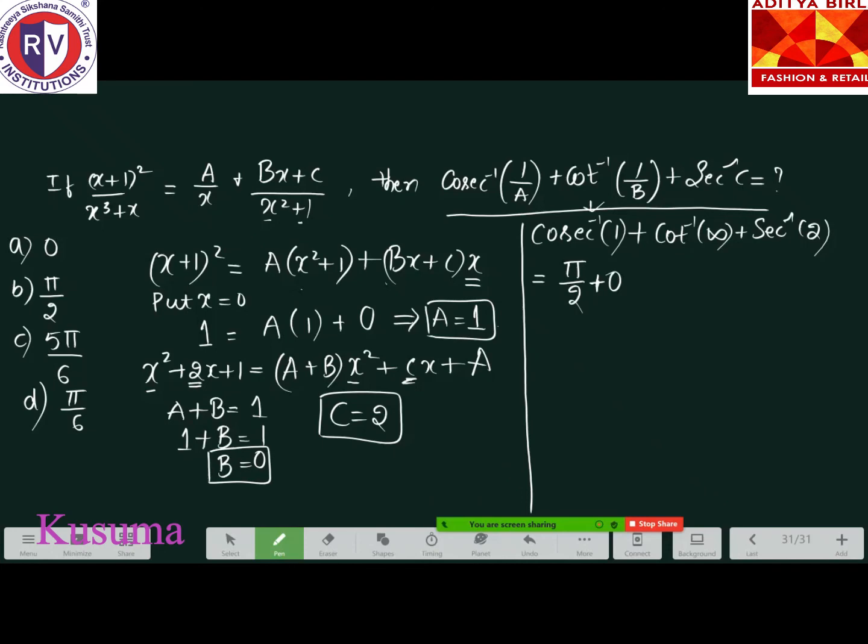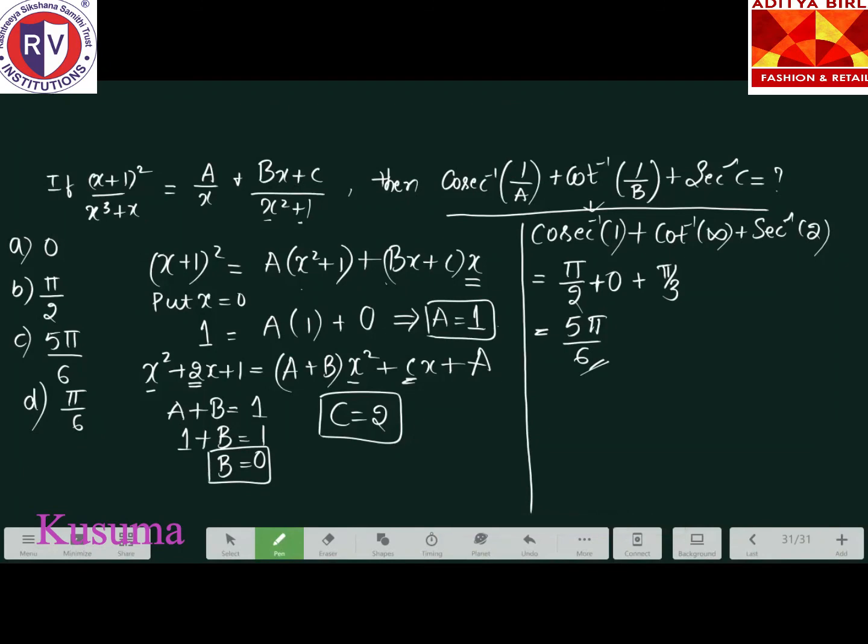It is 0 plus secant inverse 2. So secant inverse 2 will be pi by 3. So pi by 2 plus pi by 3 will give us 5 pi by 6. The value of cosecant inverse 1 by a plus cot inverse 1 by b plus secant inverse c will be equal to 5 pi by 6.